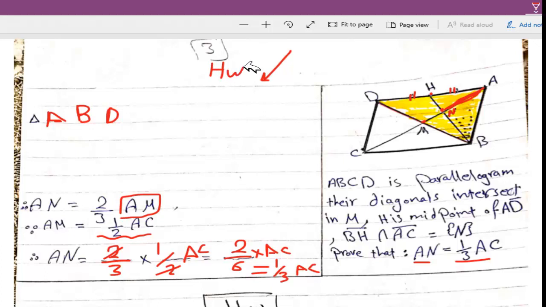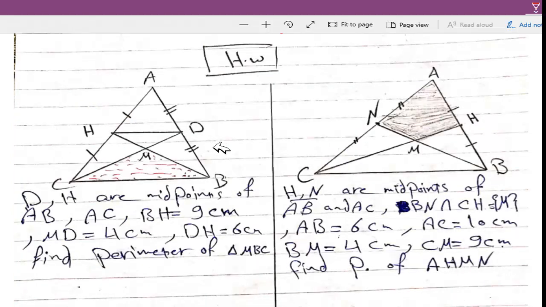Complete it like we did in the previous examples. Now you have 2 examples to do as homework. Copy them in your copybook, look at the givens and solve it. It will be easy, and if you can't, just write in the comments and I will give you help.